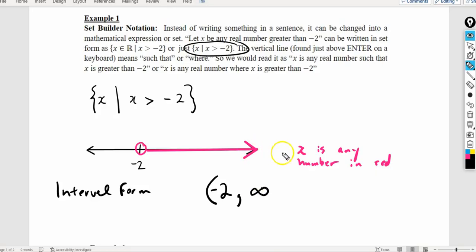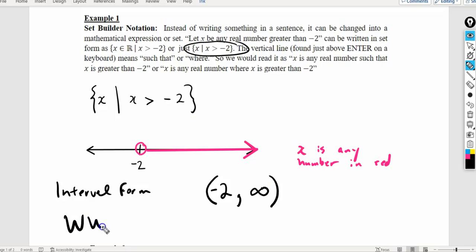And so going in the positive direction, it's positive infinity, and positive or negative infinity always has a parenthesis. You never use any other symbol but a parenthesis with positive or negative infinity. And that's our answer in interval form. So all three of these say the same thing, they just have different forms.